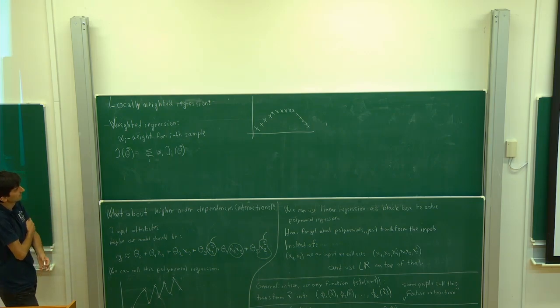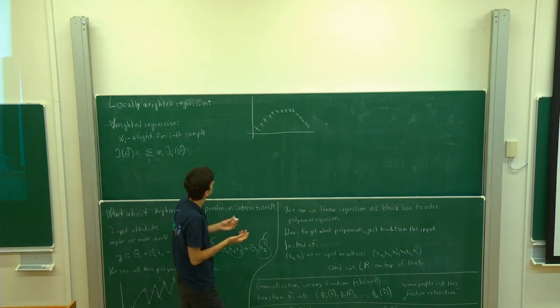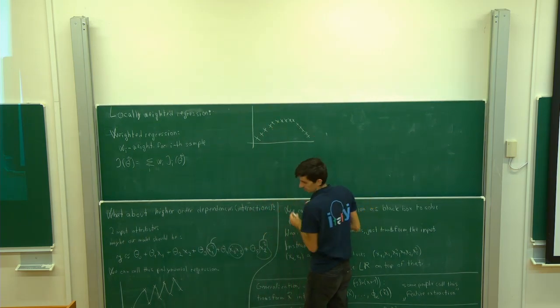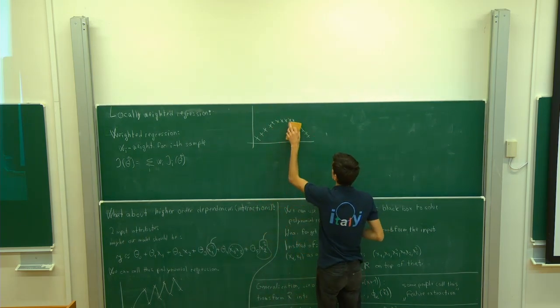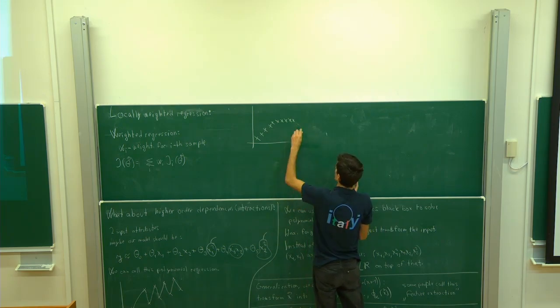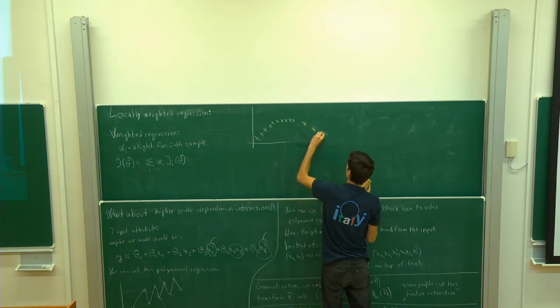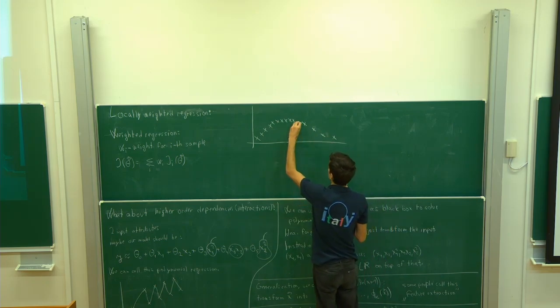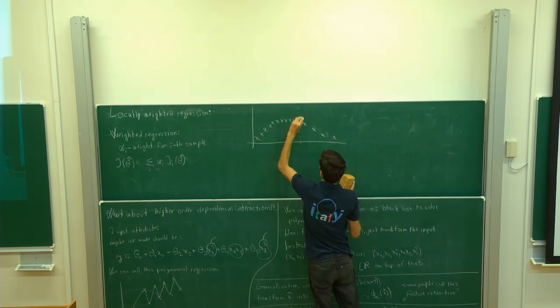Okay, and what's the idea in locally weighted regression is that, let's say I want to predict, okay, I will just spread this picture a little bit more. And suppose I want to predict something around this point.